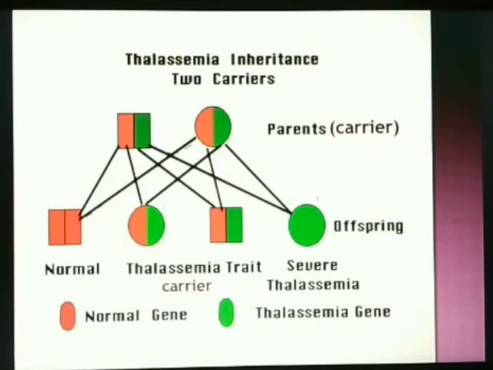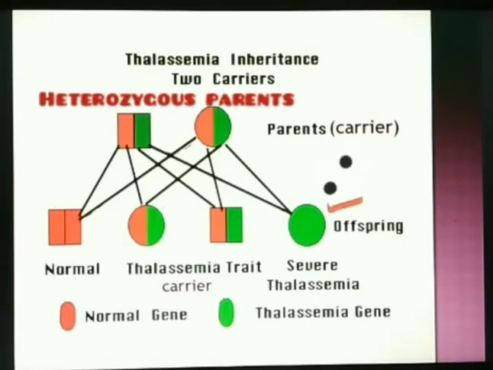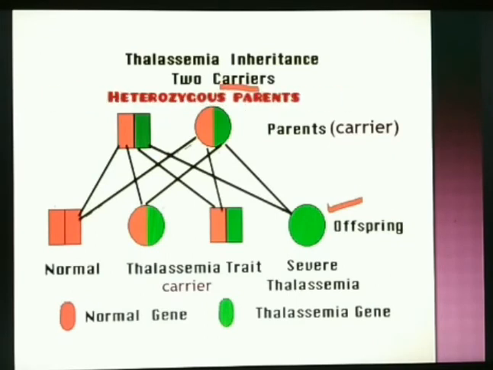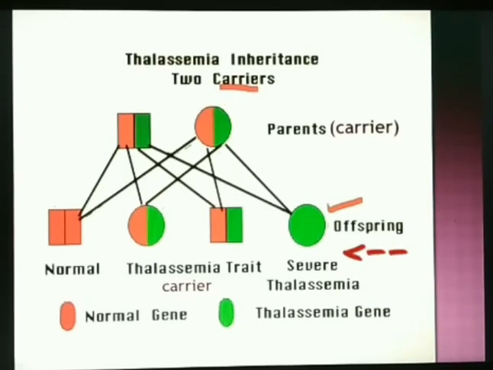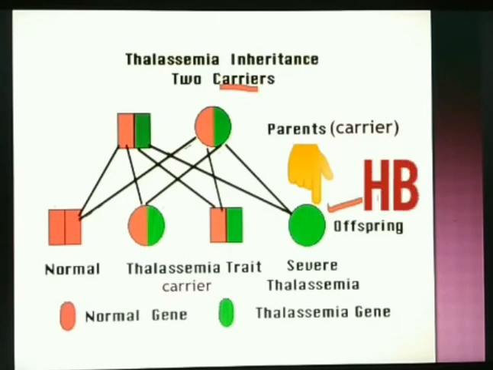So this disease is transmitted to the offspring when both parents are carriers of the disease, or the parents are heterozygous. It is an inherited disease of faulty synthesis of hemoglobin leading to abnormality in the blood. Therefore it is called a blood disease.